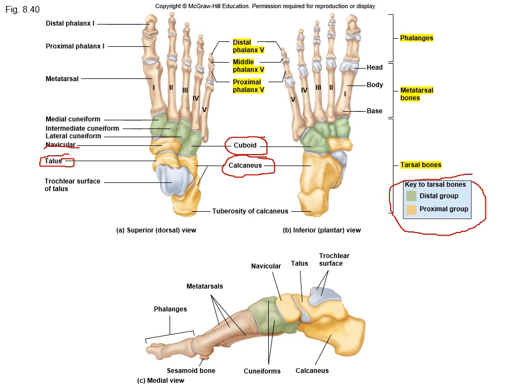And then we're going to have the cuneiforms. For the cuneiforms, we're going to start with the one that's pointed closer to the midline of the body. So we're going to have the medial cuneiform, followed by the intermediate cuneiform, and then your lateral cuneiform. So talus, calcaneus, cuboid, navicular, medial, intermediate, and lateral cuneiforms.